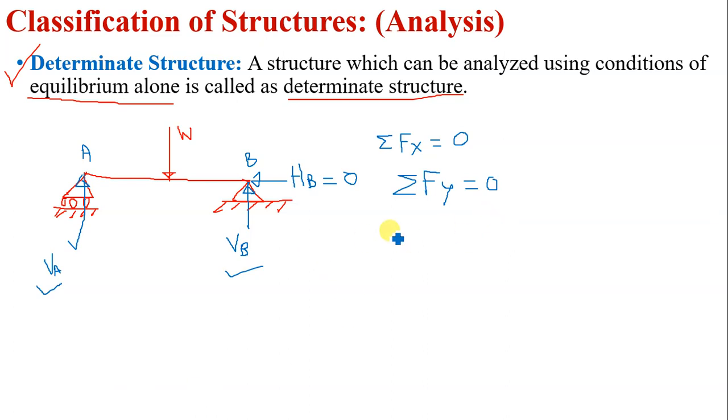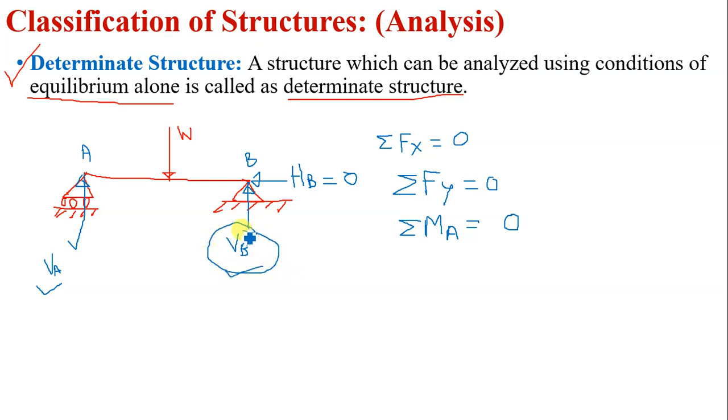And when you use the third condition, summation M, sum of moments about support A or B, any support you can select, is equal to 0, then you can find VB.